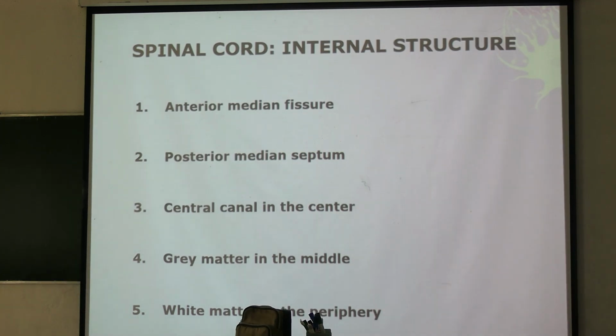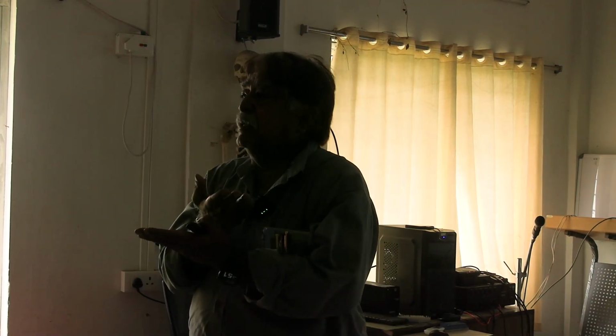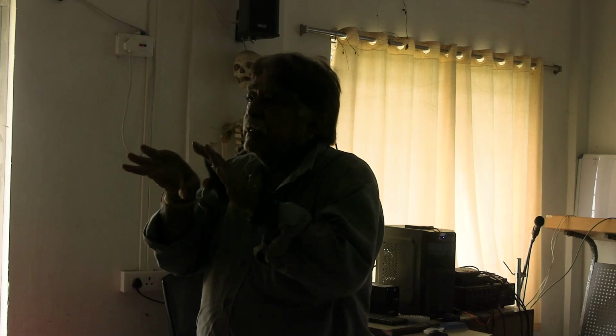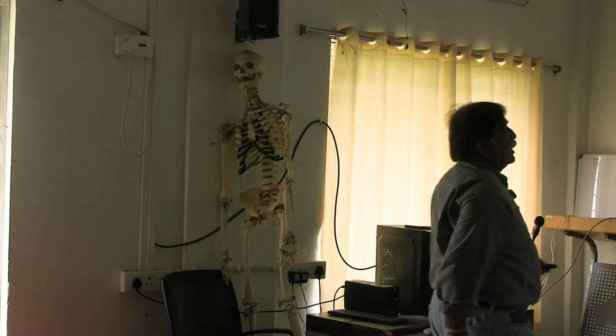Now, we have two histological slides in our lab. You have seen them earlier. If you want to revise, you can see them. In the whole cross section, you will see the arrangement of what I am saying over here.